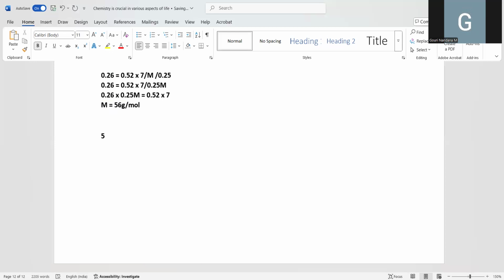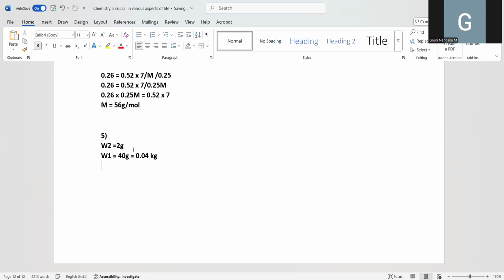Fifth question. The given data is: mass of solute W2 is equal to 2 gram. Then the mass of solvent W1 is 40 gram, which when converted into kilogram would be 0.04 kilogram.